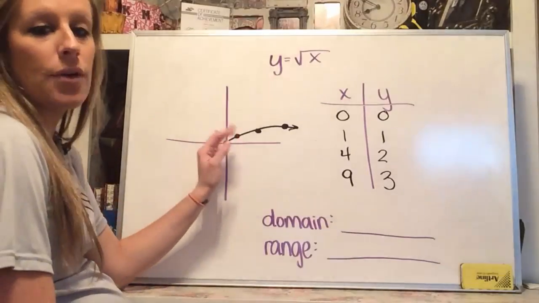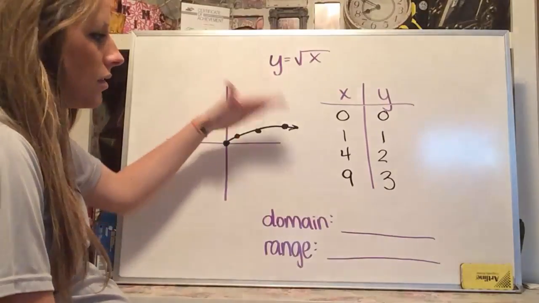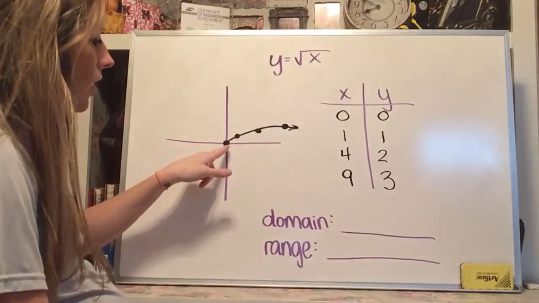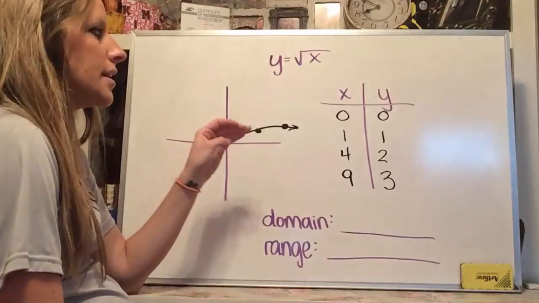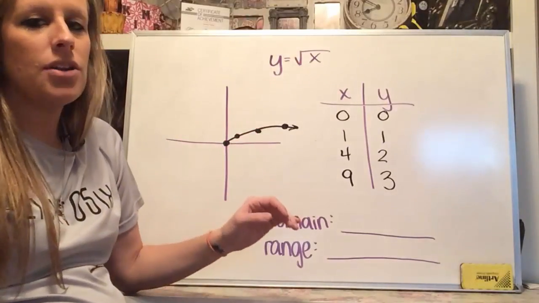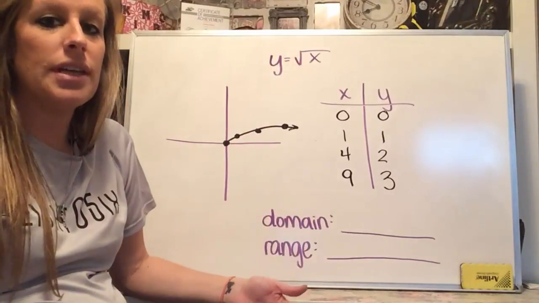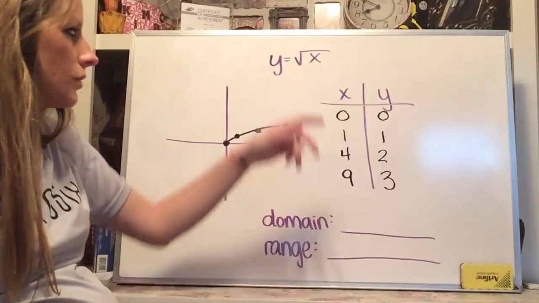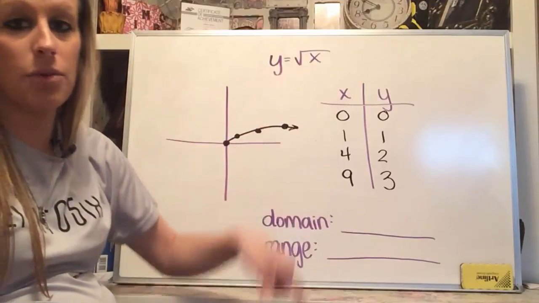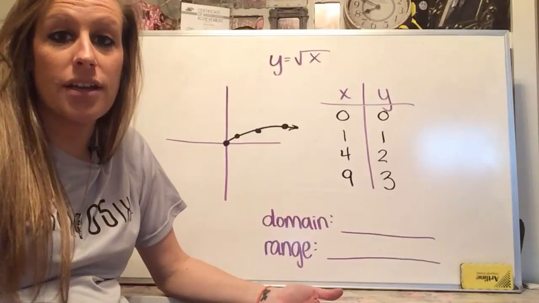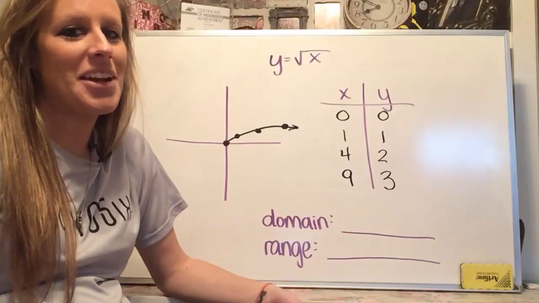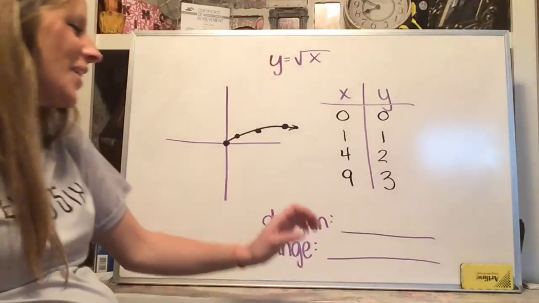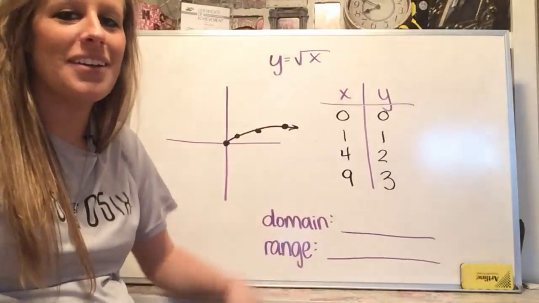But this square root function is just the parabola on its side. Now, you're not seeing the bottom part of the parabola because if you think about it, you can't take the square root of a negative. So we don't have any negative numbers here. They would be imaginary, and you can't plot imaginary numbers because they're imaginary. So you only see the top part of the parabola.